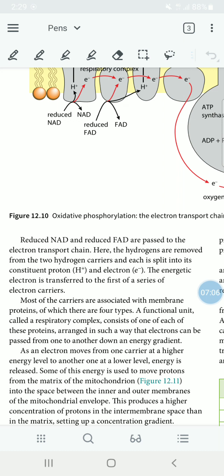When the electron is passed from a high energy carrier to a low energy carrier, energy is released.